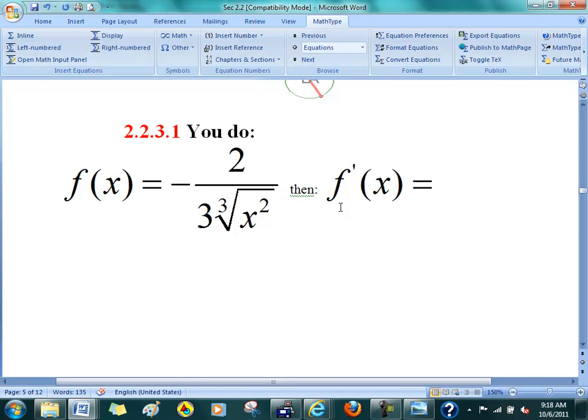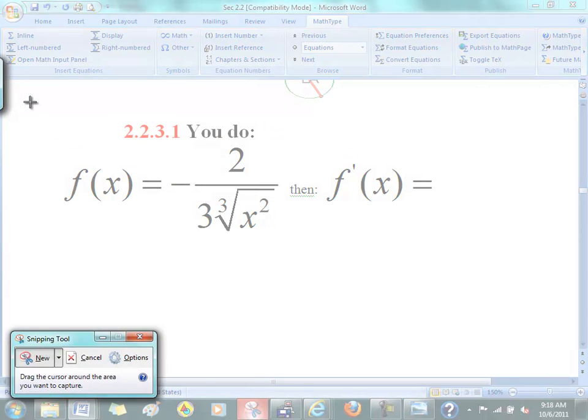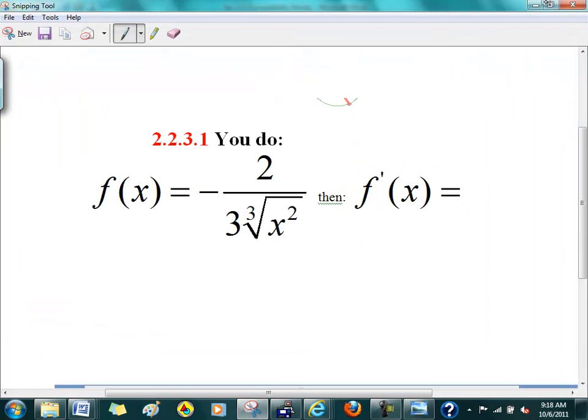When you see a radical sign there, what's the first thing you need to do? Make it into an exponent. Okay, make it into an exponent. So what you really want to do on this one here is to rewrite this as -2/3 x to the -2/3, because see how it's downstairs? Is everybody with me on that? Okay, now you guys need to finish this then.